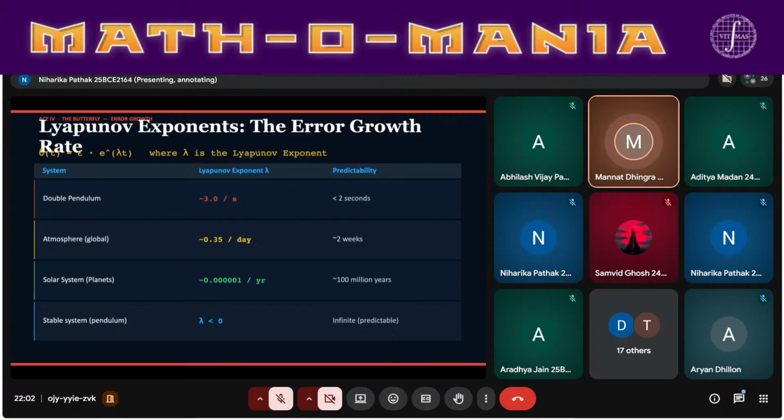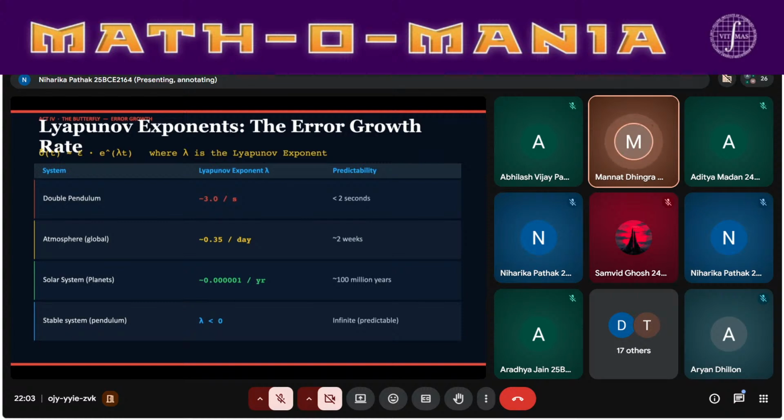Now what predictability horizon means is that as the predictability horizon increases, the more predictable the system becomes. For the double pendulum, the Lyapunov exponent is high, so in this case the predictability horizon is less than 2 seconds.